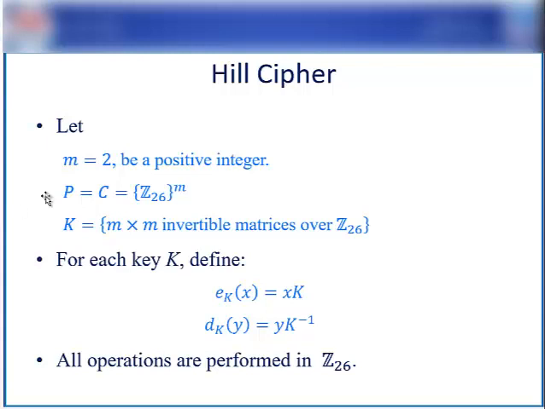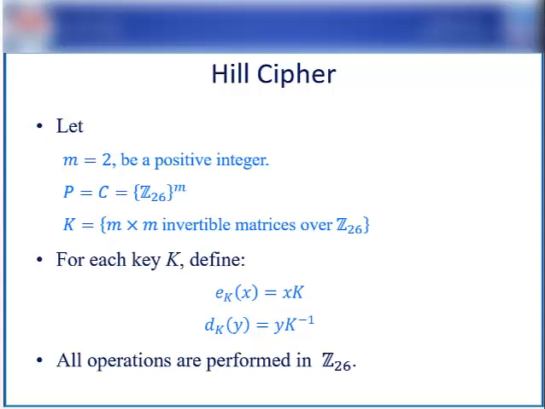So let m be a positive integer. In our case, we take m to be equal to 2. This m defines the length of the key, so if the length of our key is equal to m, we can apply m permutations. So our plaintext and ciphertext spaces are integers modulo 26 to the power m. As we saw in the Vigenère cipher, in polyalphabetic ciphers, a cipher key is defined by a sequence of letters.